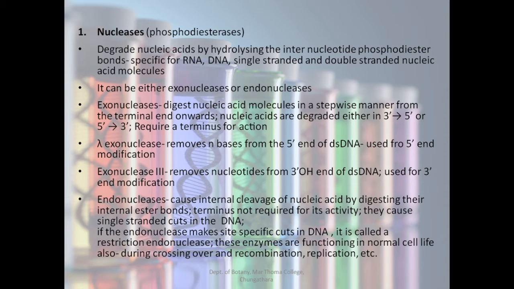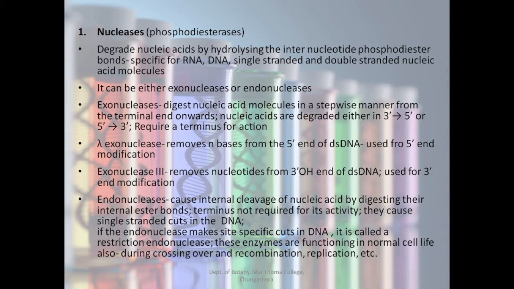Exonucleases, as the name suggests, digest nucleic acid molecules in a stepwise manner from the terminal end onwards. That is, they break down the terminal nucleotide molecule. The nucleic acids are degraded either in the 3' to 5' direction or 5' to 3' direction. Only one thing is required: exonucleases need a terminus for their action.